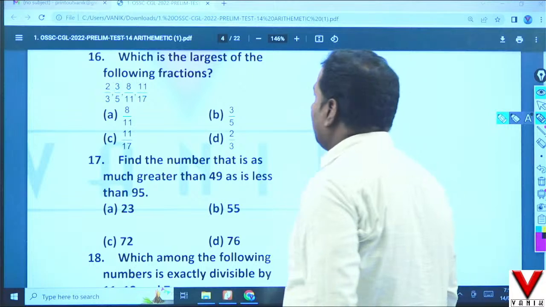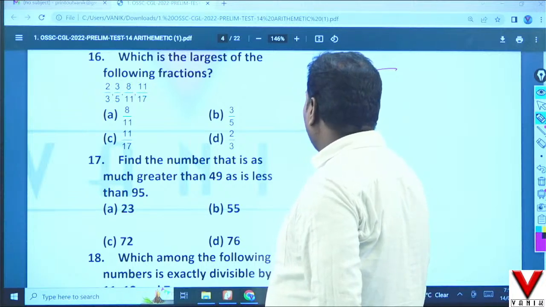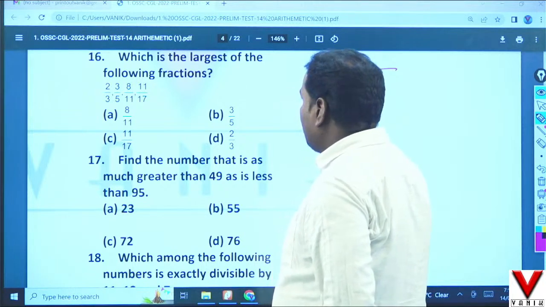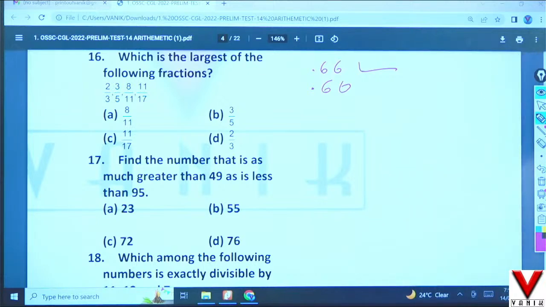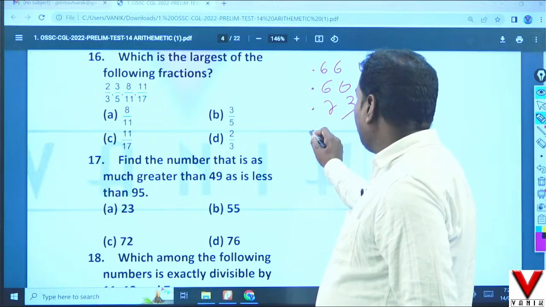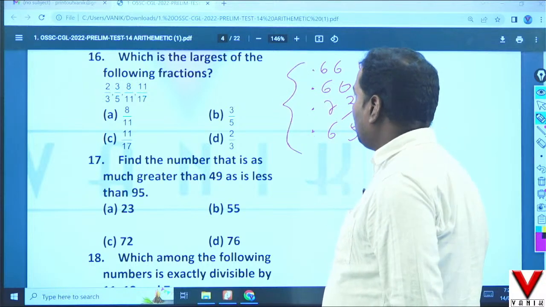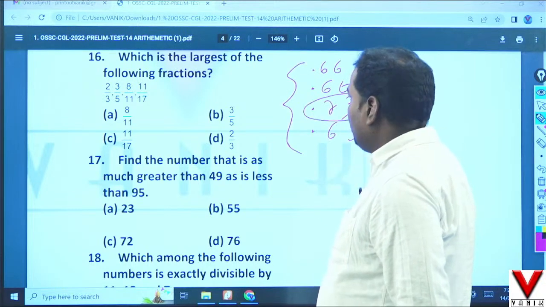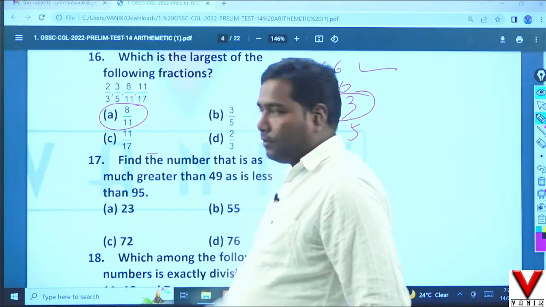Here 2 by 3 means 0.66, then 3 by 5 means 0.60, then 8 by 11 is 0.73, then 11 by 17 is 0.65. Among these decimal numbers, which is the largest? 0.73. That means 8 by 11, option A is our correct answer.